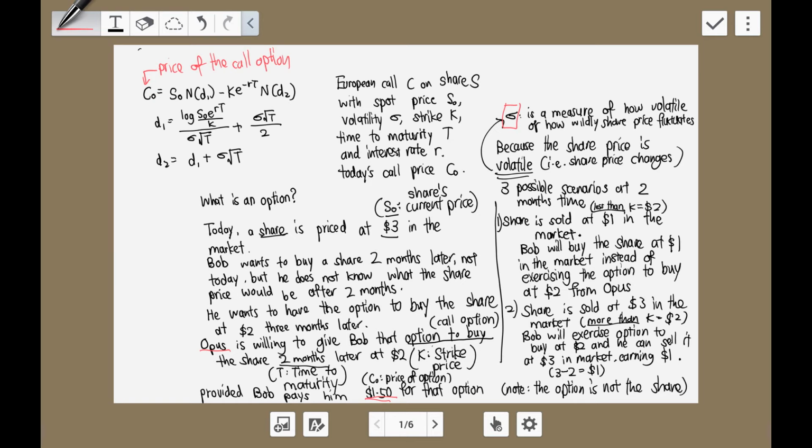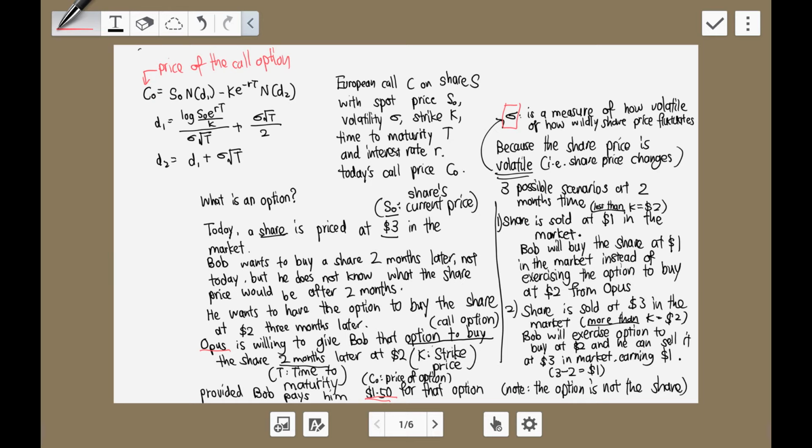Although he bought the call option, the money was already paid to Opus when he bought that option. So he wouldn't get it back. Even if he decides not to exercise the option, he would not get the $1.50 back. That is a sunk cost. It means he already gave it to Opus to have that option.